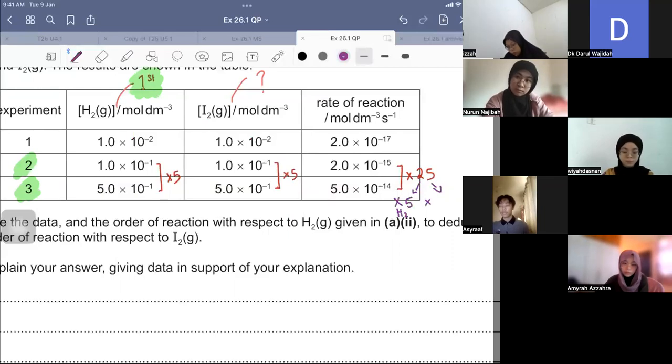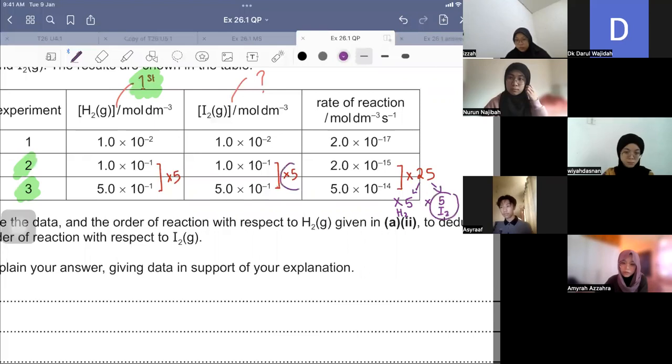The remaining effect would have to belong to iodine. So that means 5 times 5 to give us an increase in 25. So the effect of increasing concentration of iodine is also times 5.